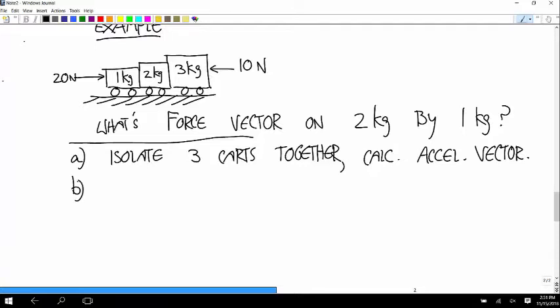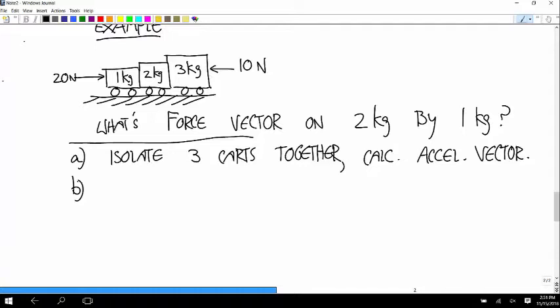Second, in this case, what would you think? Your natural inclination would probably be we're going to isolate the 2 kilogram cart next because we're trying to calculate a force on that. The problem is that there are two unknown contact forces on the 2 kilogram cart, one on each side. And so you wouldn't be able to solve it that way by itself. So there are two ways to do this problem.